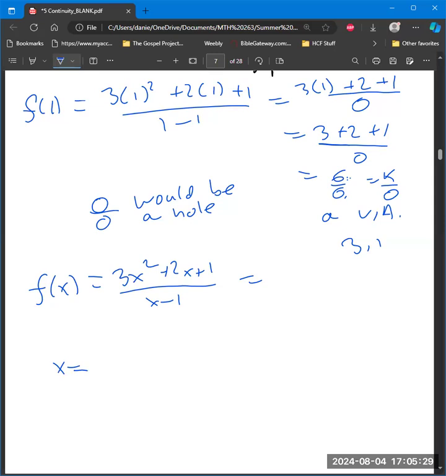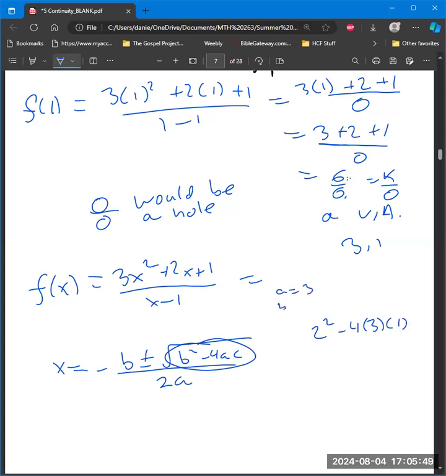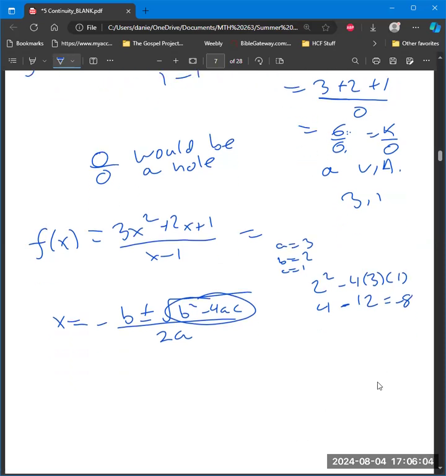If I say x equals negative b plus or minus the square root of b squared minus 4ac all over 2a, let's just look at this discriminant part right here. b squared minus 4 times 3 times 1, since our a was 3, our b was 2, and our c was 1. This is 4 minus 12, which is a negative 8.